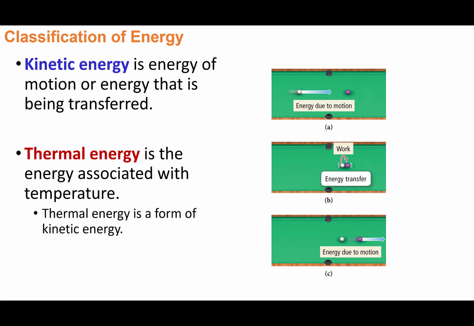It's underneath the umbrella of kinetic energy. So we can talk about the motion of particles in a beaker. If I were to heat those particles up, they're going to move faster, right? And if I were to cool that sample down, maybe put it in a freezer, those molecules are going to move slower. So that's the position we typically take when we talk about kinetic energy. We're talking about thermal energy, the energy associated with temperature.